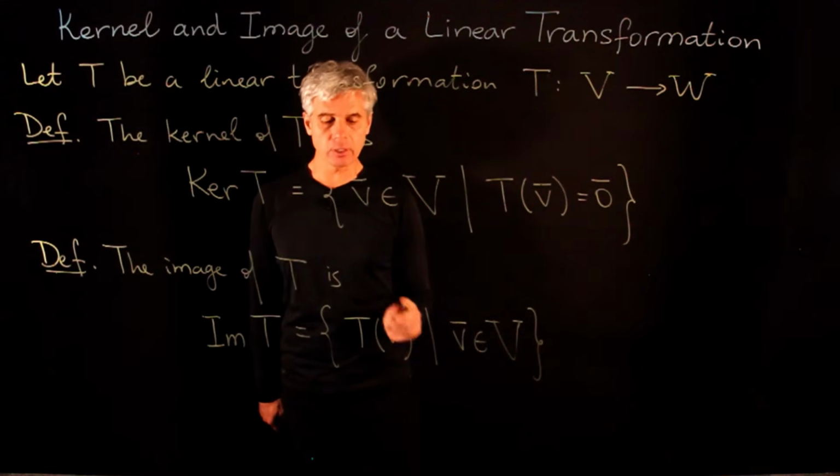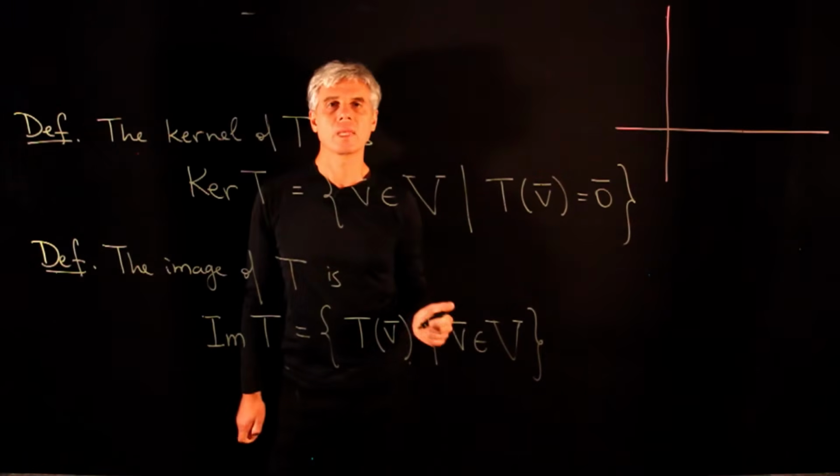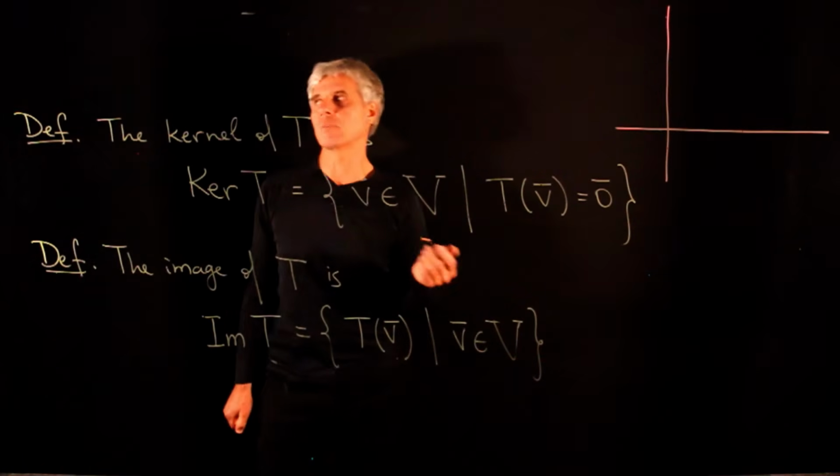And this collection of outputs is called the image of the transformation. Now let us look at examples.